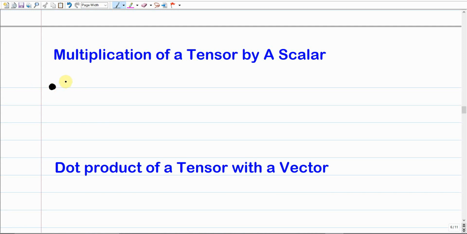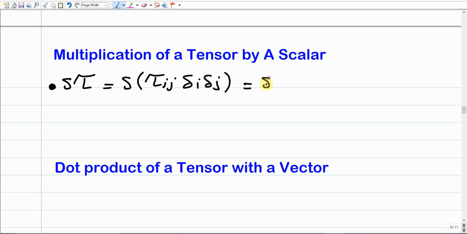The next operation is multiplication of a tensor by a scalar, which is also a very simple and intuitive operation. If we have s as a scalar quantity and tau, which is a tensor, then s has no components, it's just a scalar quantity. But the tau can be expanded and written in its component form as tau ij delta i delta j. So we can simply multiply all the components of the tensor times s, where s is just a number, and keep the delta i delta j.